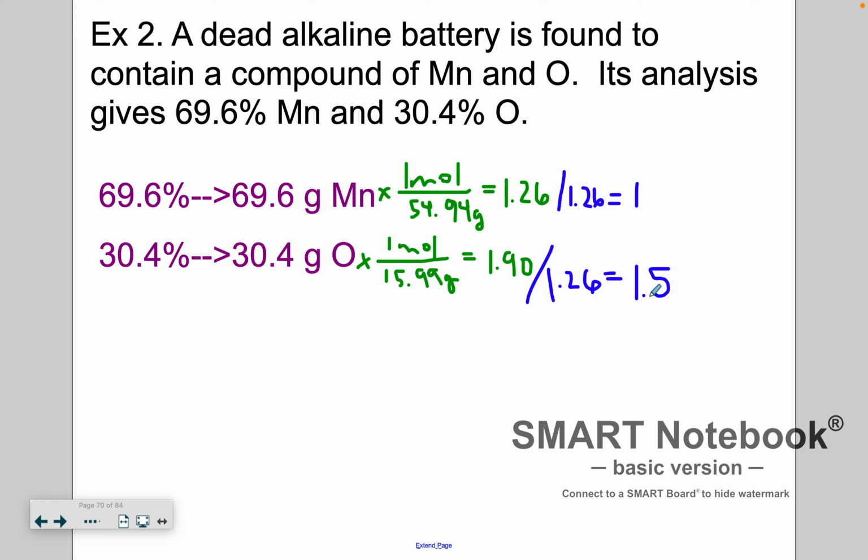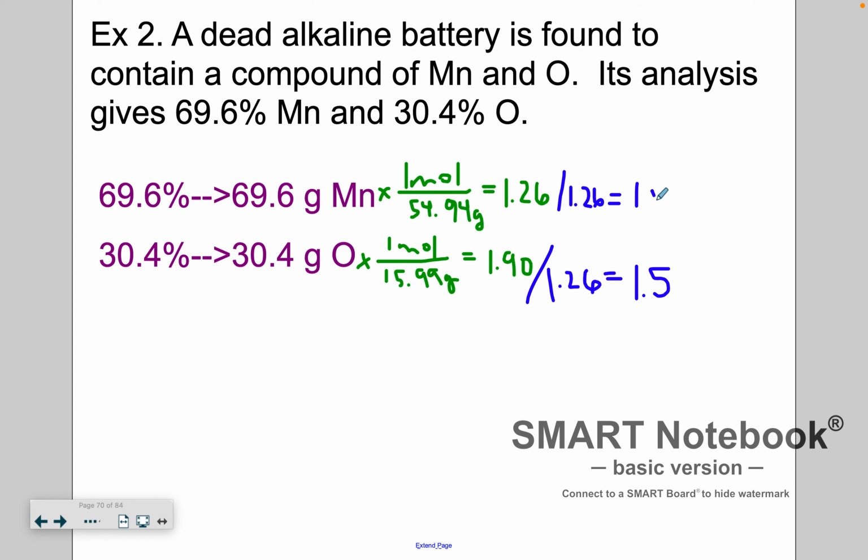So a lot of times you'll just have to double or triple it, okay? to get to a whole number. You got to multiply it by something to get to a whole number. So if you got like 1.333, well, then you would probably have to multiply it by 3 to get to the next whole number. Because if you just multiplied it by 2, then you'd end up with the 0.66, something 0.66. So with this 1.5, that's easy.